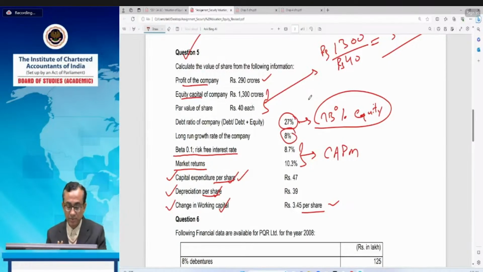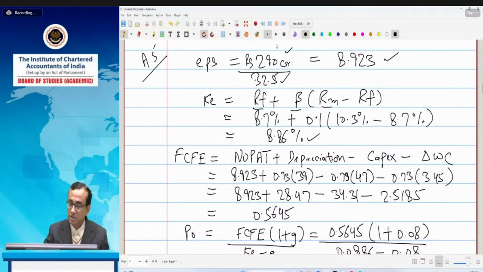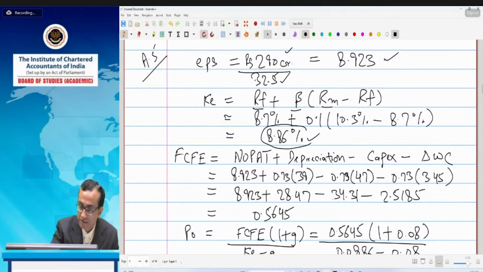So we simply apply this CAPM model, that is risk-free rate plus beta multiplied by market rate of return minus risk-free rate. So the discount rate came to 8.86.